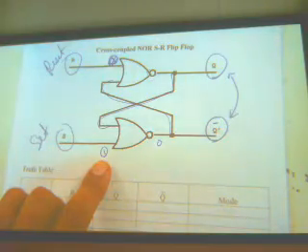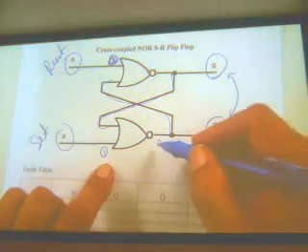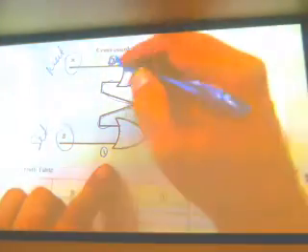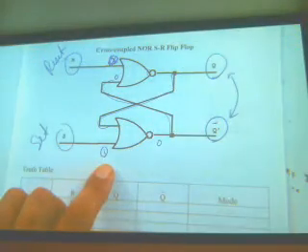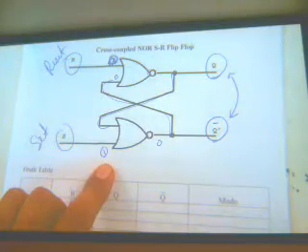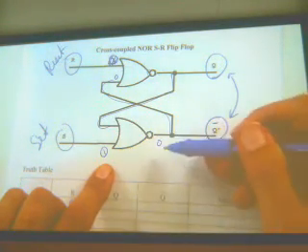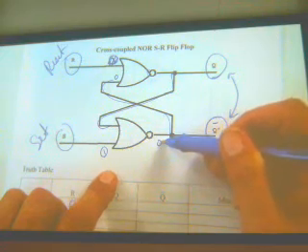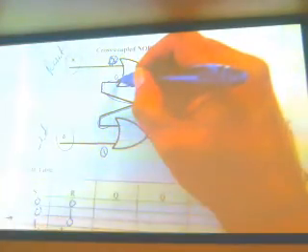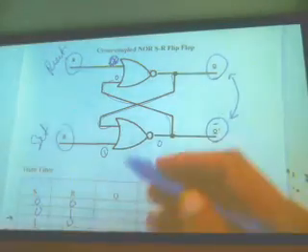If that has to be a 0, what are we going to feed back here? 0. Okay. So if this is 0, and 0 is feeding back here, and let's see, where's our truth table? Reset is 0.